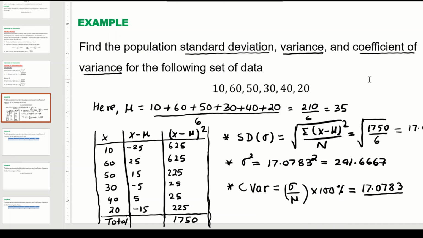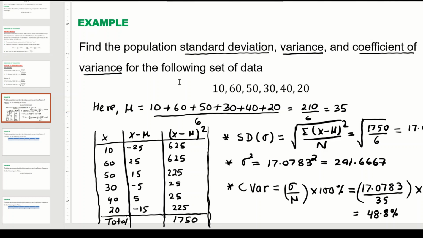The mean is 35, times 100%. If we simplify this using a calculator, the value will be 48.8%. So that is the coefficient of variance for this problem.